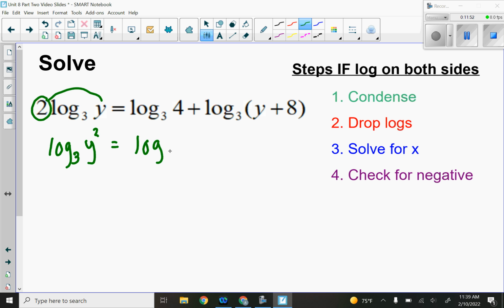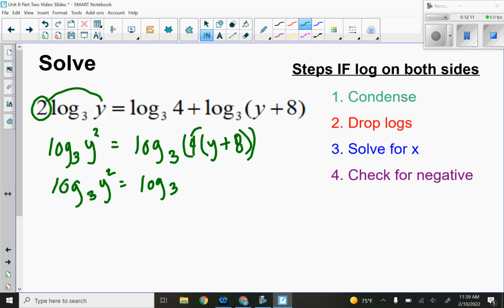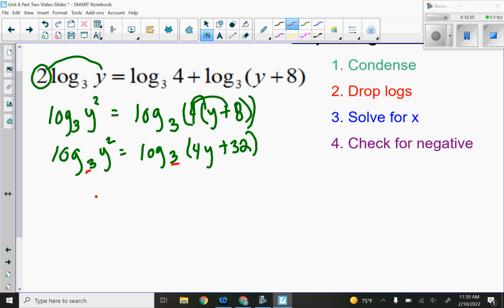So we have log base 3 of 4 times y plus 8. Do a little distributing: log base 3 of y squared equals log base 3 of 4y plus 32. And now we have the same bases, base 3. We can drop those logs. y squared equals 4y plus 32.